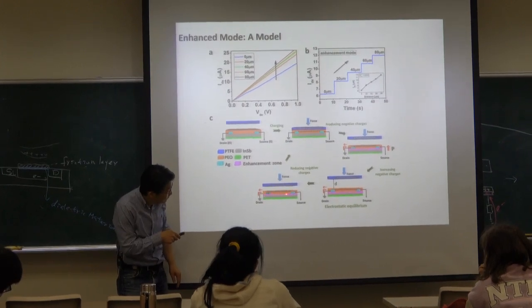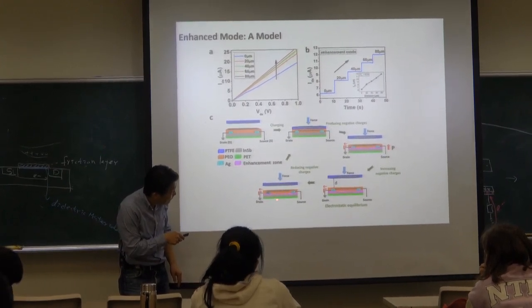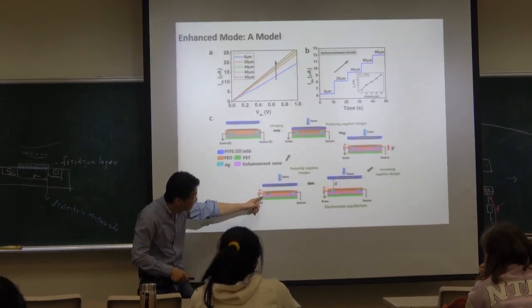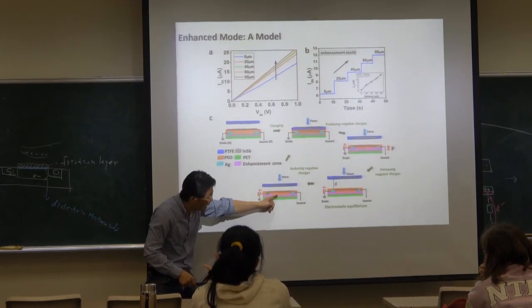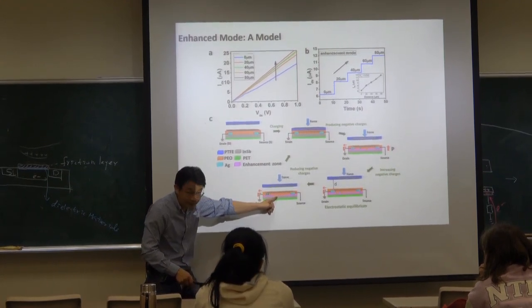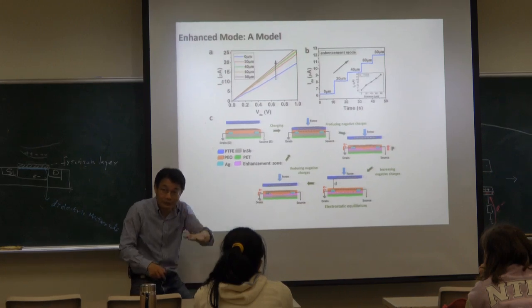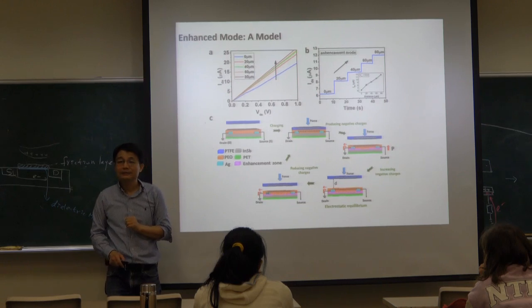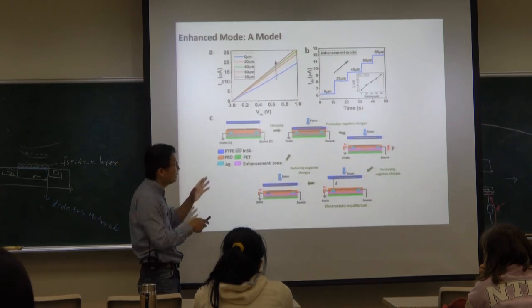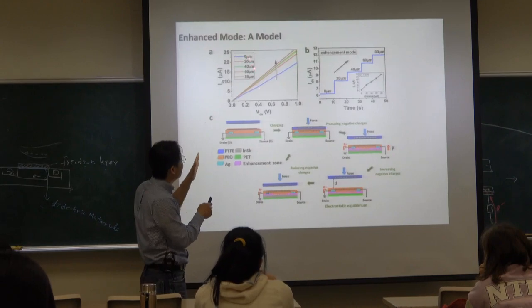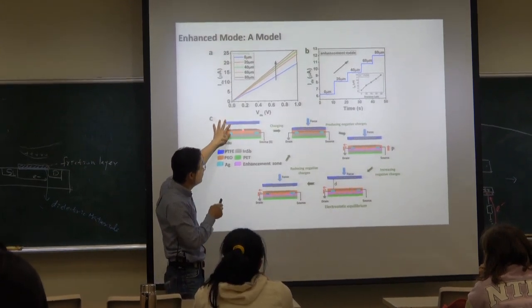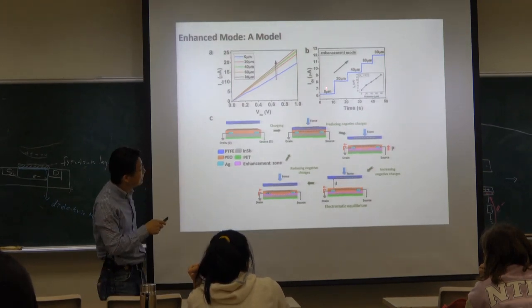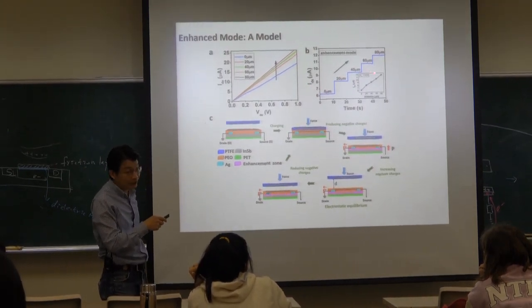Therefore, for the enhanced mode inside the InSb, the free electrons must flow out. So the electrons flow out, which means no more carriers are maintained in the InSb, so the current will drop. So this is one mode: if we use the Teflon as the contact, you can see the IDS is increased.